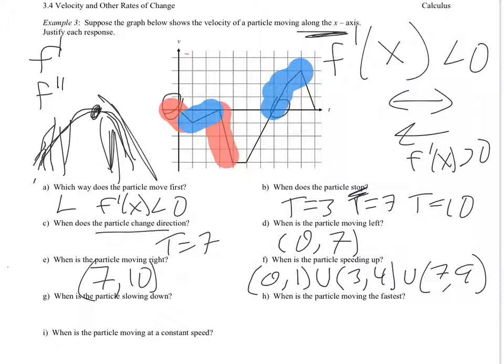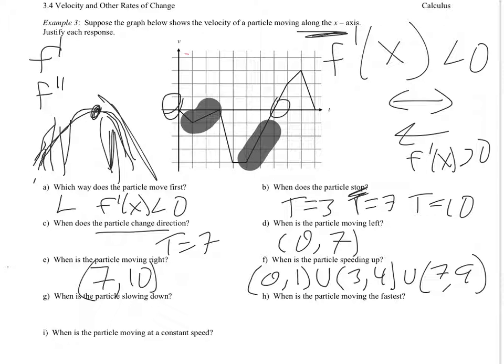And when is it slowing down? All those other places. It's slowing down when the slope of these line segments is positive or negative, but the y values are the opposite sign. So right here where I put this blue, here I see a positive slope but negative y values.